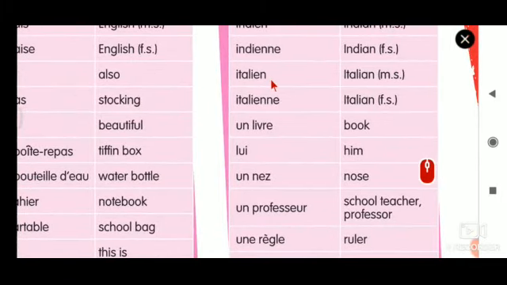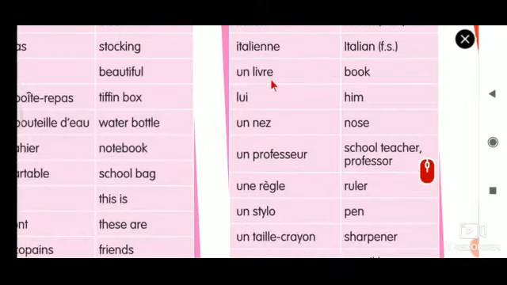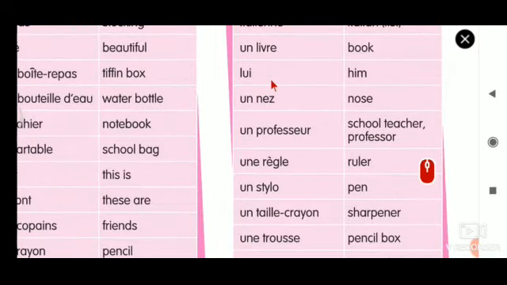Italien, Italienne, Italian woman. Un livre, book. Louis, him.